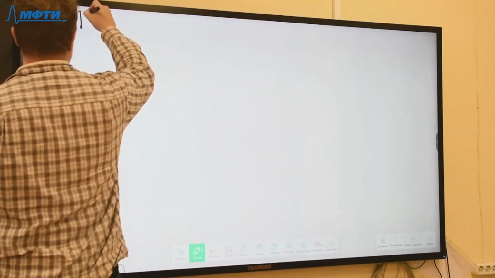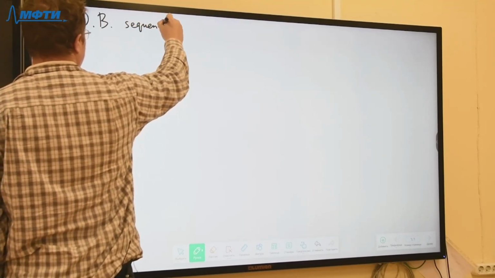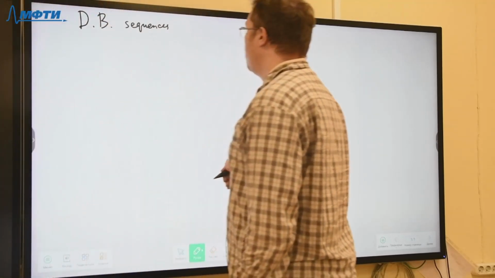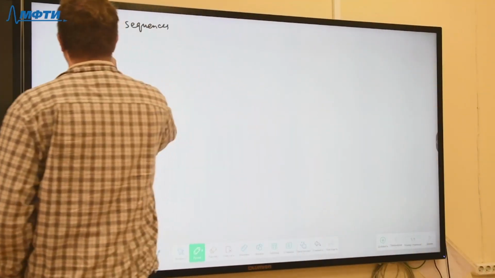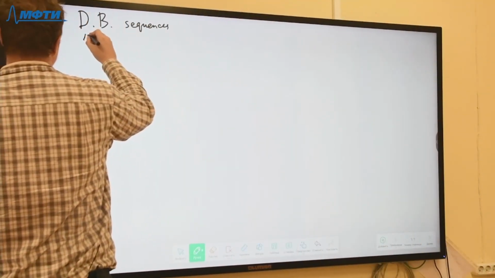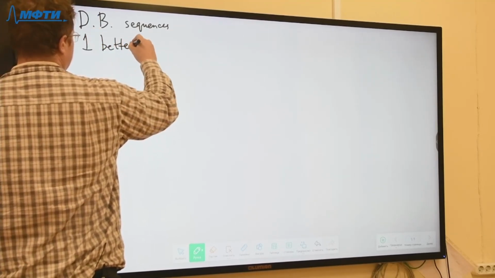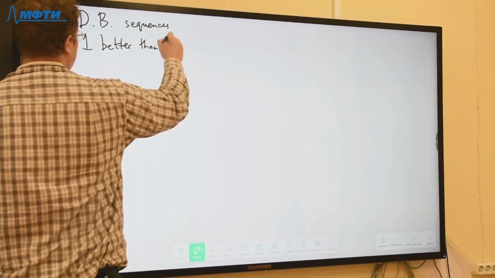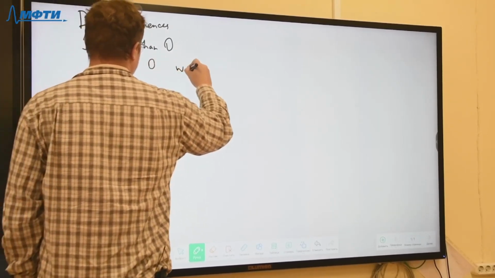We were discussing the De Bruijn sequences, and we proved that the algorithm "1 is better than 0", or "1 preferred over 0", works.